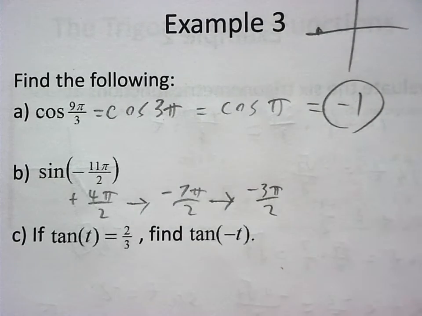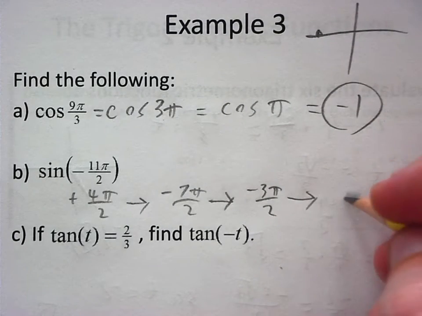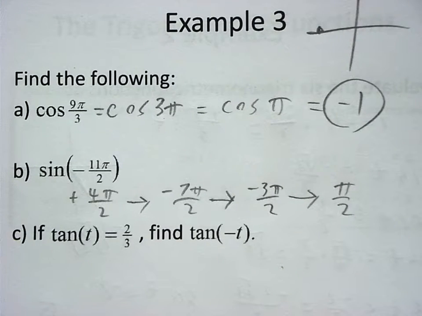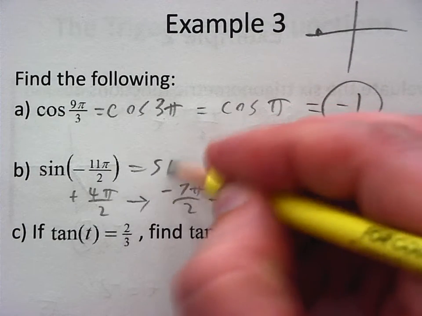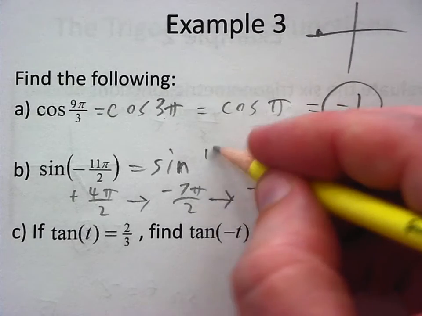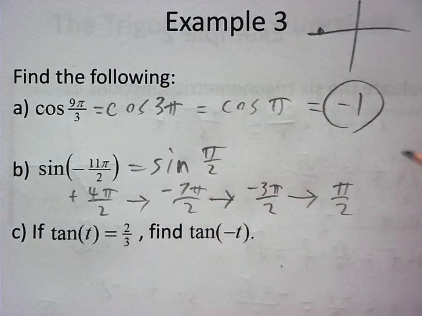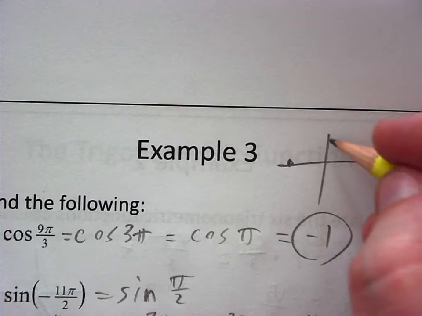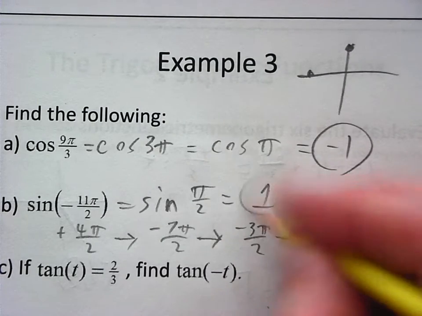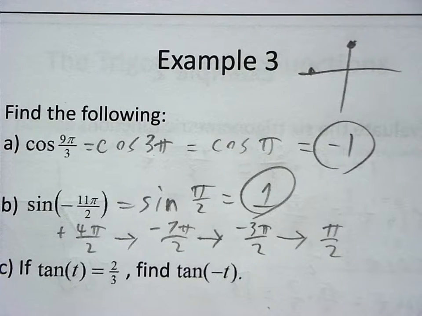And again, I'm still not there yet, so I'm going to add one more 4 pi over 2, giving me pi over 2. Those are all coterminal angles, since they're all 2 pi away from each other. So what this really means is, instead of doing sine of negative 11 pi over 2, I can just do sine of pi over 2. Again, look at your unit circle. This would be up at the top. Sine up at the top there is going to be 1.